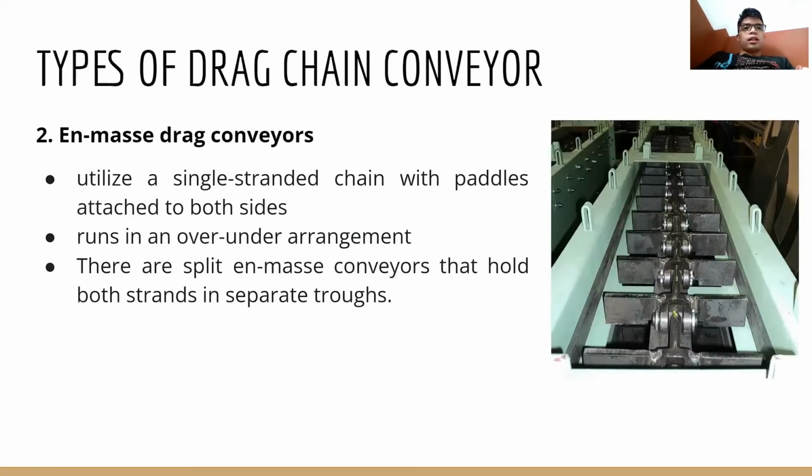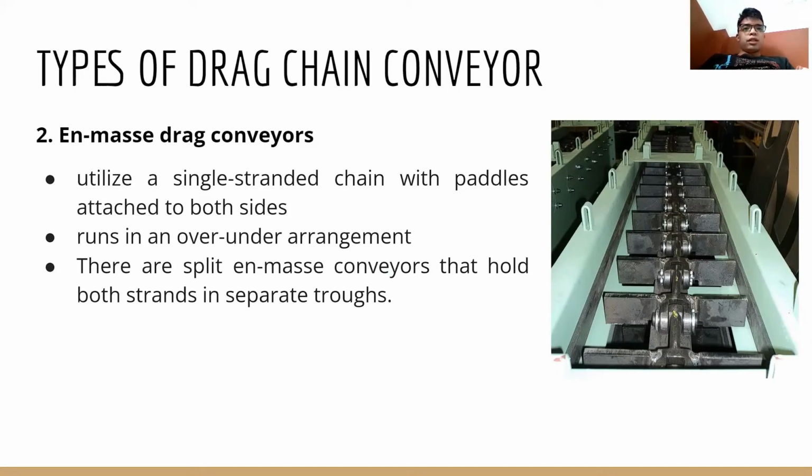Second is the en masse drag conveyors. Unlike standard models, these conveyors utilize a single-stranded chain with paddles attached to both sides, sometimes referred to as skeletal chains, for their resemblance to the vertebrate.